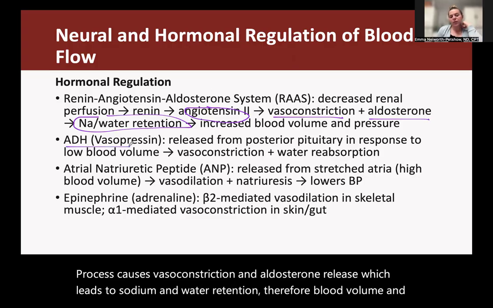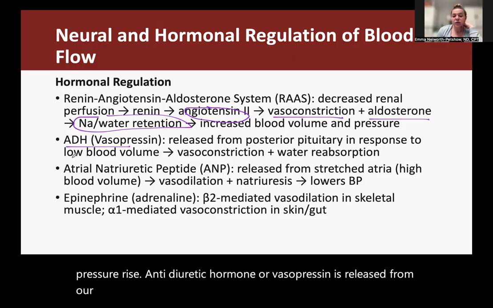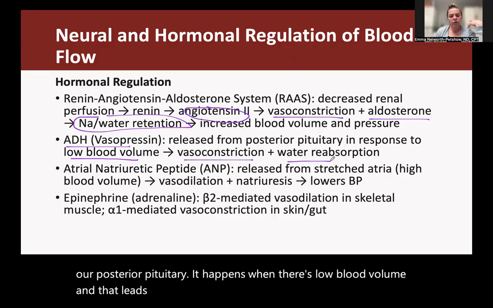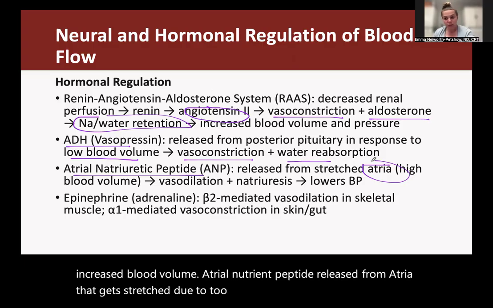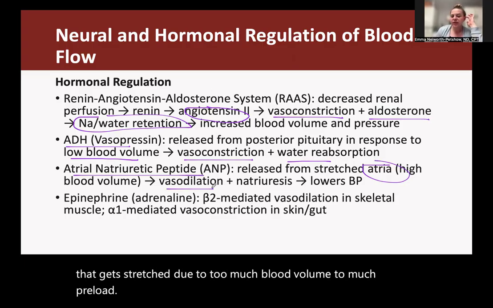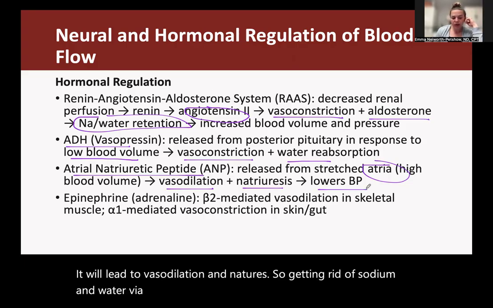Antidiuretic hormone or vasopressin is released from our posterior pituitary. It happens when there's low blood volume, and that leads to vasoconstriction and water reabsorption, so increased blood volume. Atrial natriuretic peptide is released from atria that get stretched due to too much blood volume, too much preload. It will lead to vasodilation and natriuresis, so getting rid of sodium and water via the kidneys, which lowers blood pressure.